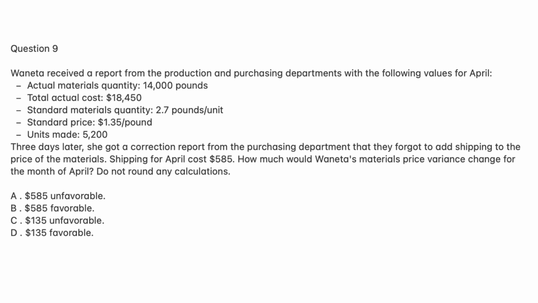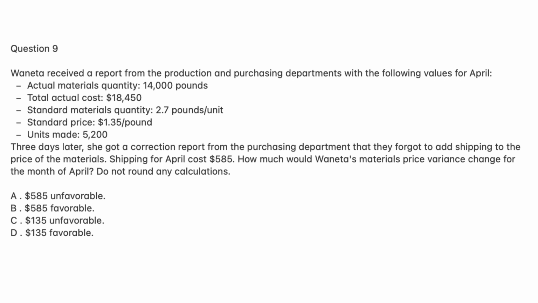Units made, 5,200. 3 days later, she got a correction report from the purchasing department that they forgot to add shipping to the price of the materials. Shipping for April cost $585. How much would Juanetta's materials price variance change for the month of April? Do not round any calculations. A.